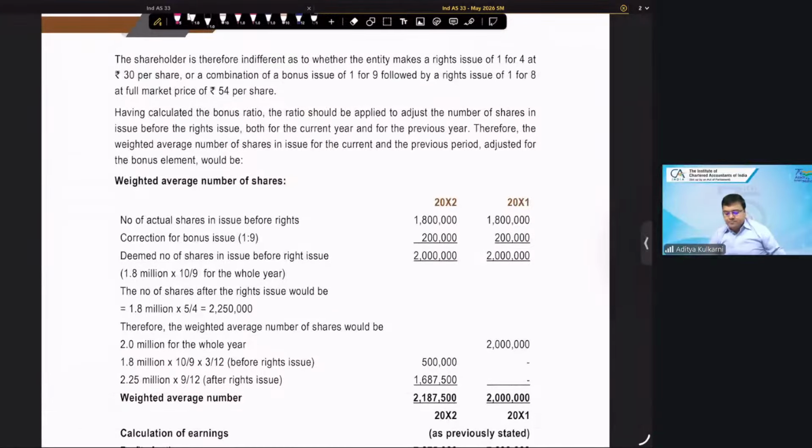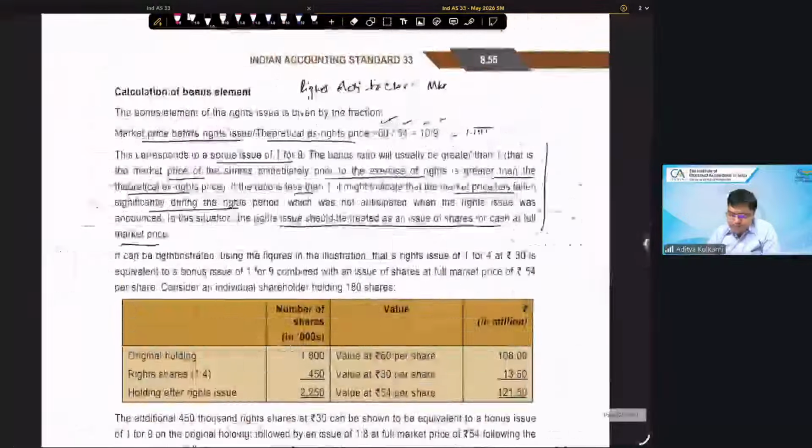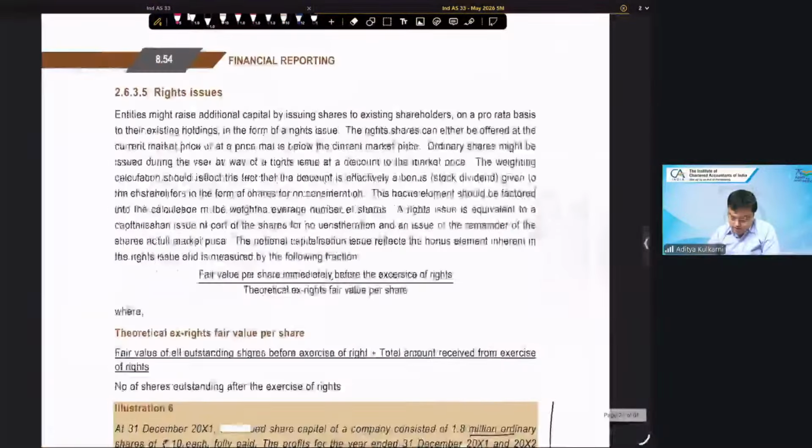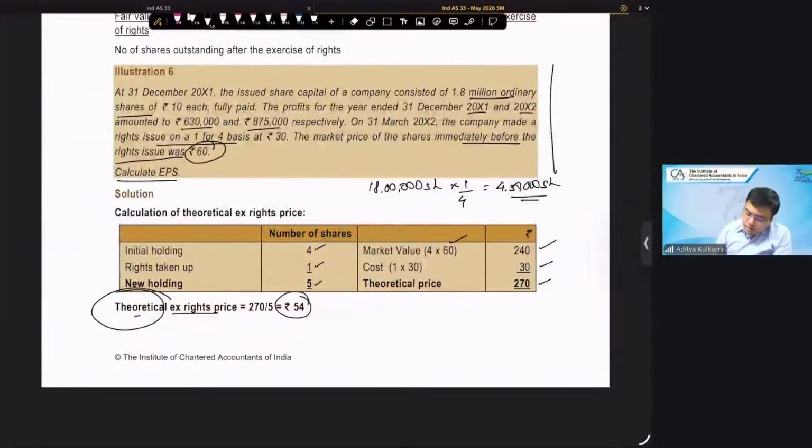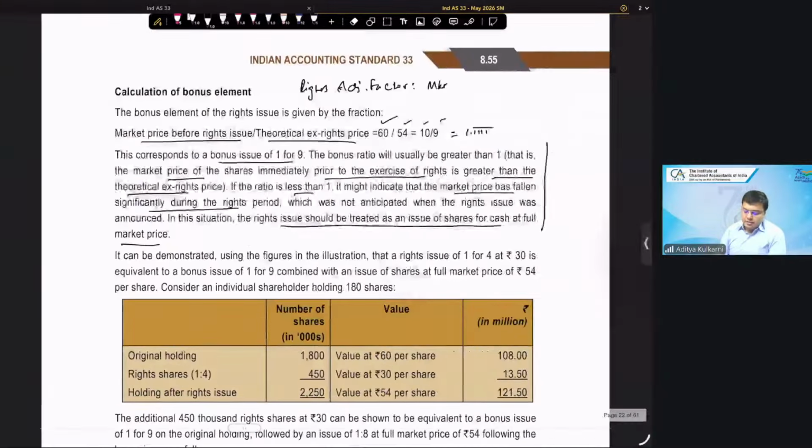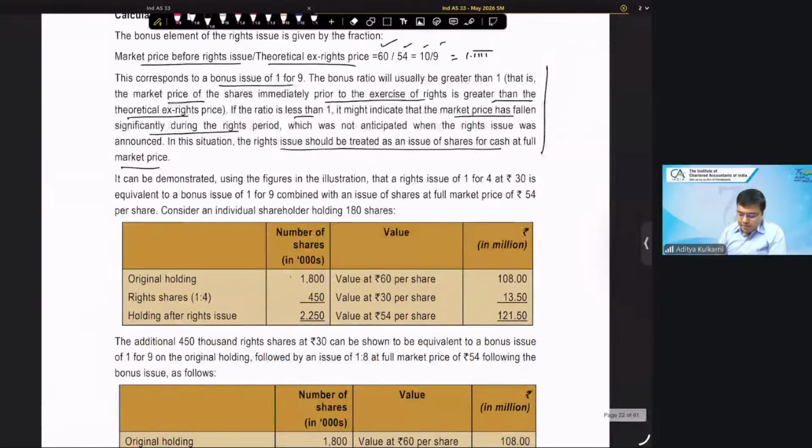Okay. So now, how do I do that? What is the question? The profit for the year is 6,30,000 and 8,75,000 respectively. And how many shares do I have? 1,800 shares in issue. Okay.